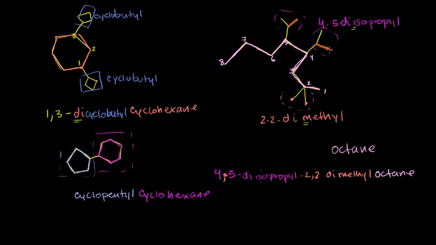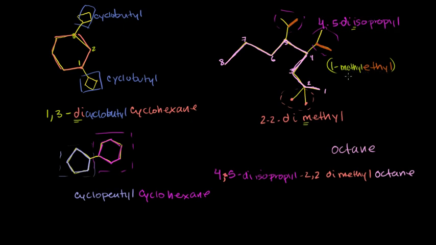So this is 1, 2 carbons. 2 carbons, we're dealing with an ethyl. And on the first carbon, you have a methyl attached to it. So you could also call each of these groups a 1-methyl ethyl instead of an isopropyl. So you could either say isopropyl for each of these groups, or you could call each of them a methyl ethyl if you do systematic naming.